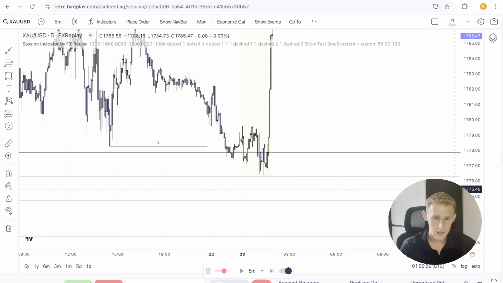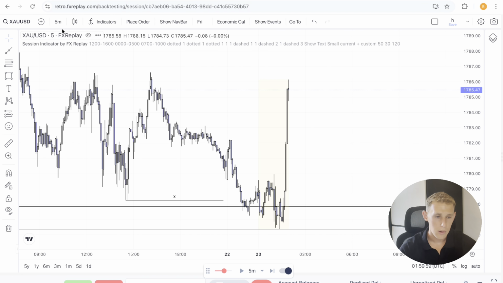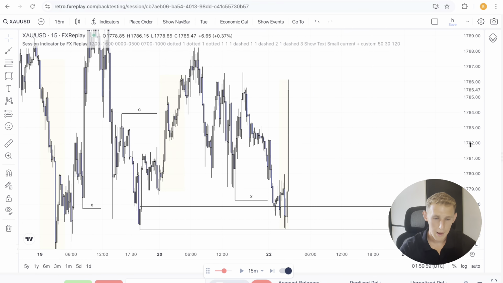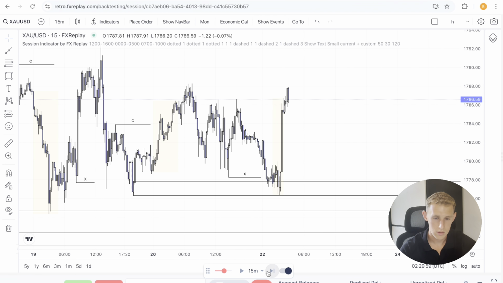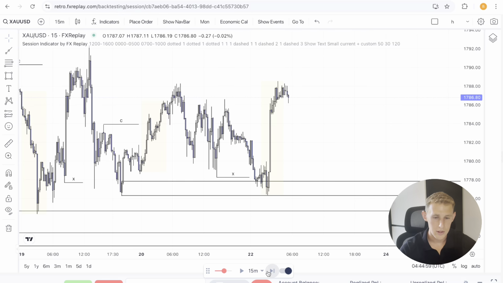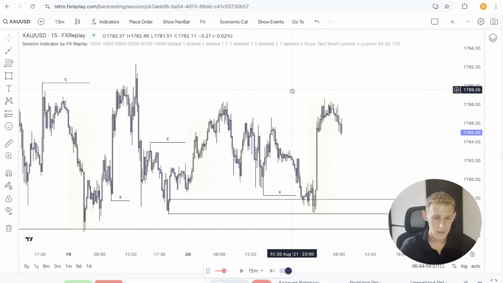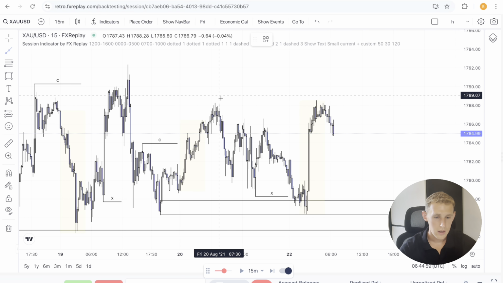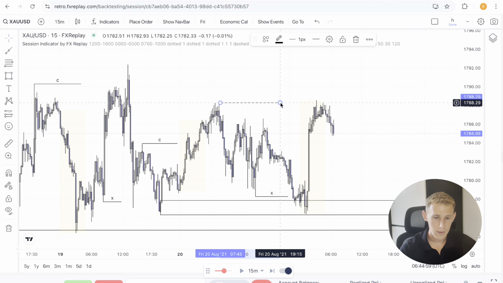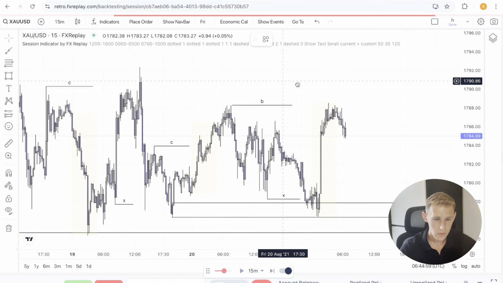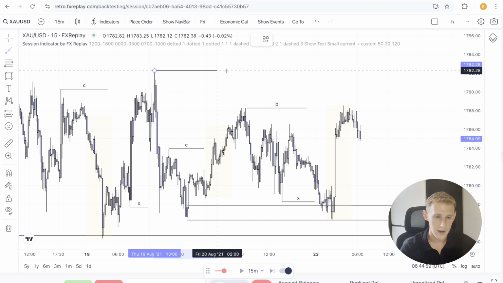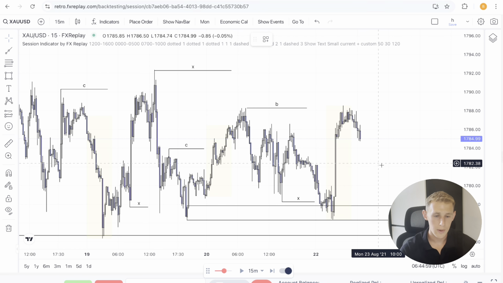Right, there we go. So that's the change of character. Very impulsive though. Probably isn't going to pull back for us. Yeah, there we go. So it broke the main structure again. So that's no longer valid. What we can look for now that it's broken this high, still looking for price to overall target this previous liquidity.